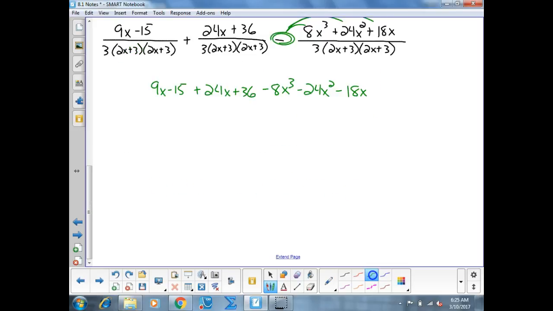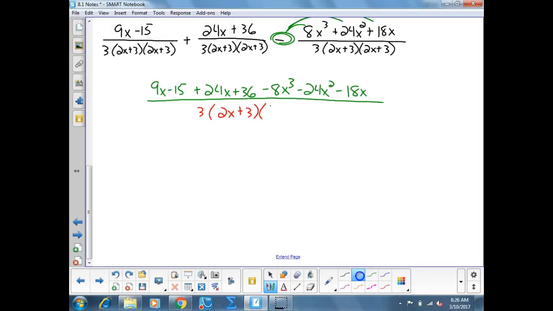And all of that is over 3 times 2x plus 3 times 2x plus 3. So on top, you've got negative 8x cubed minus 24x squared. So that's that one and that one.